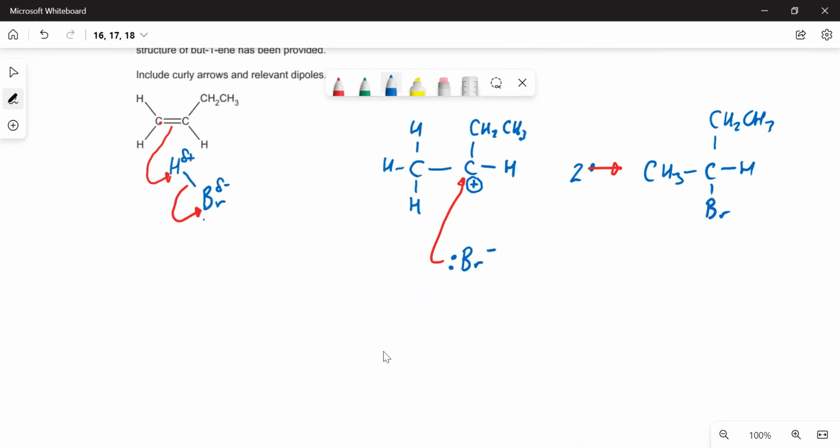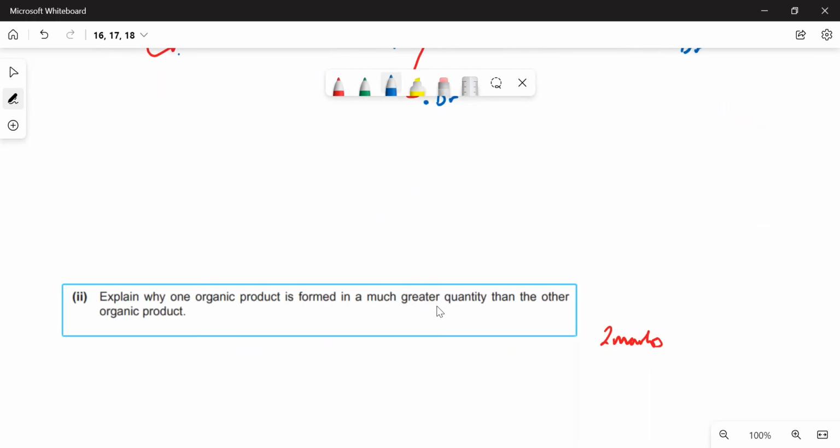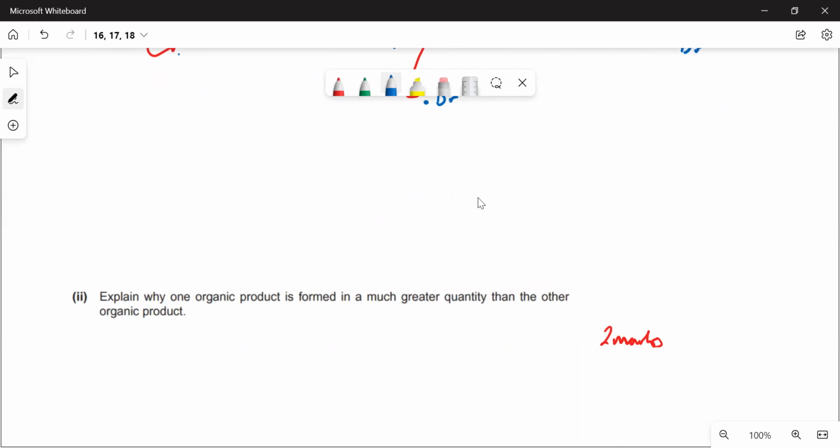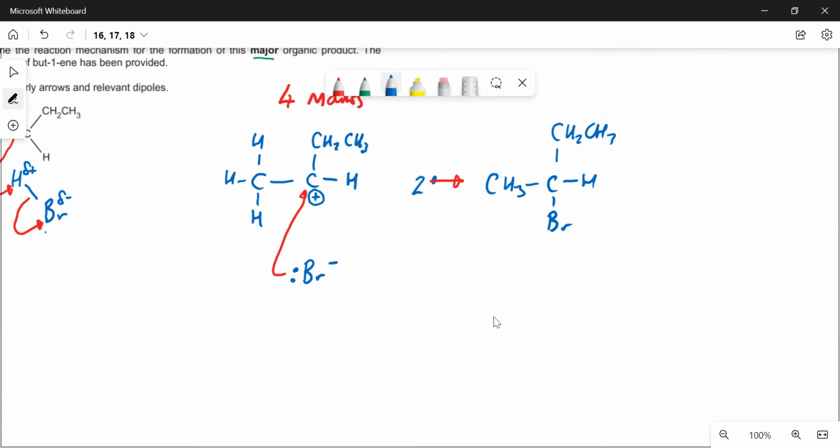Next part of the question is going to say, explain why one organic product is formed in much greater quantity than the other organic product. I'm going to explain it up here. It's because the major one is formed from a secondary carbocation.